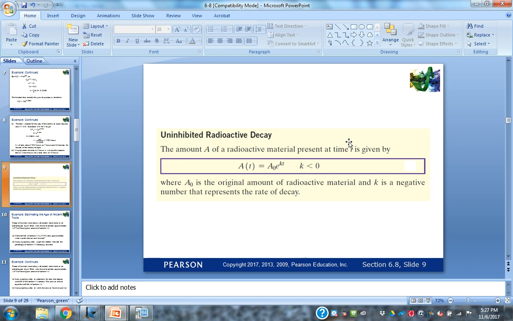Carbon dating uses decay. If you've ever done anything with carbon dating or taken a geology class, they talk about carbon dating and the decay rate of carbon and all that stuff. So all the work is the same. Your K value just ends up being negative when you do this work. Nothing really exciting about how that works.